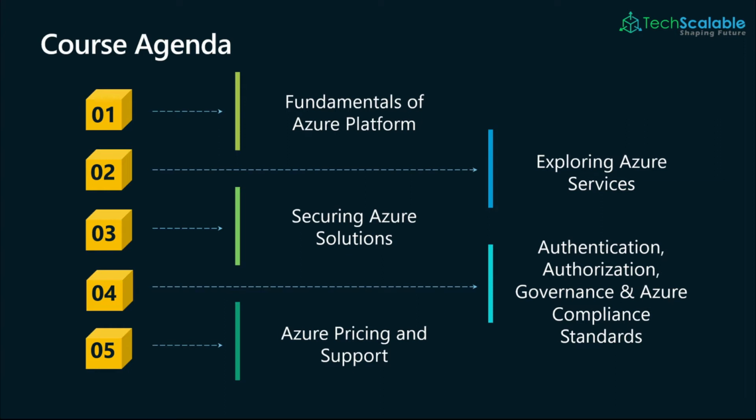The 5th section you need to focus on is pricing and Azure support plans. This is very important in case you are doing a migration to the cloud. Maybe you want to understand whether you should go for Azure, AWS or Google Cloud Platform. The very first thing will be total cost of ownership.